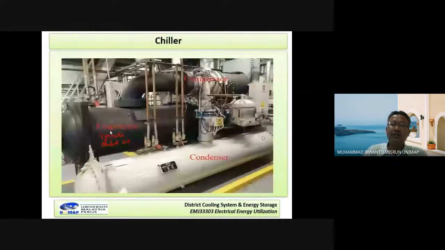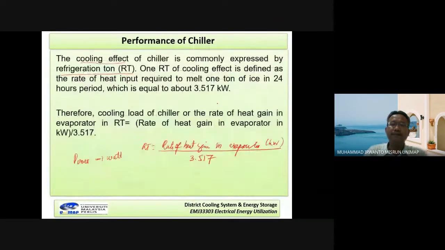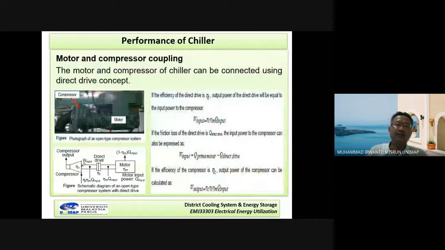Okay, now we can see. Look here. It is the compressor, and the compressor is operated by this motor. The motor needs electrical power, or input power here. Remember the motor also has efficiency, the motor efficiency.